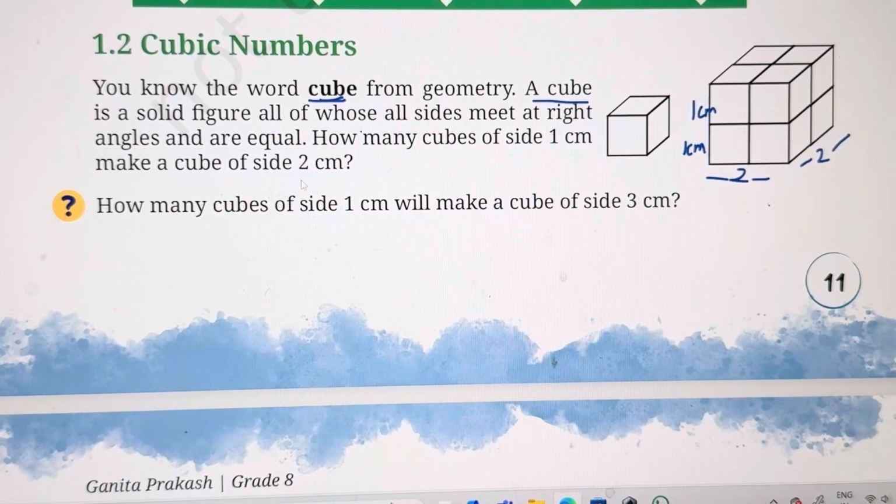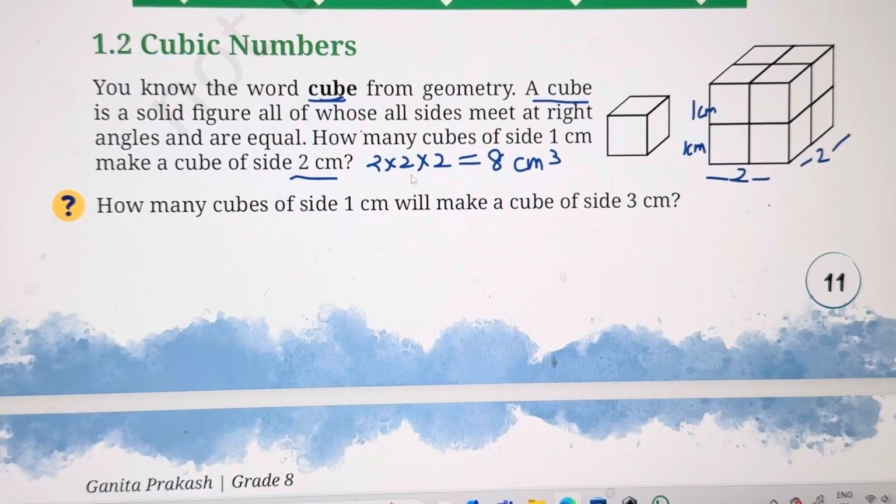So if you want a cube with side 2 centimeter, you will multiply 2 into 2 into 2, that is 8 centimeter cube, right? So you will need 8 such cubes of side 1 centimeter to make a cube of side 2 centimeter.